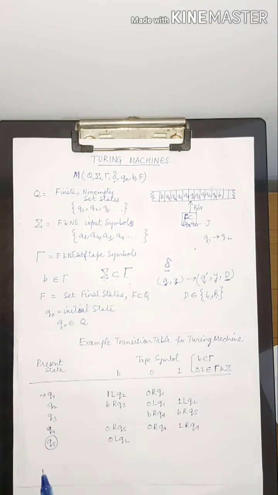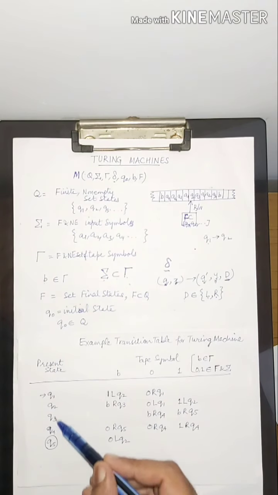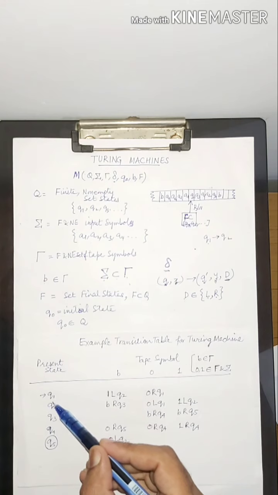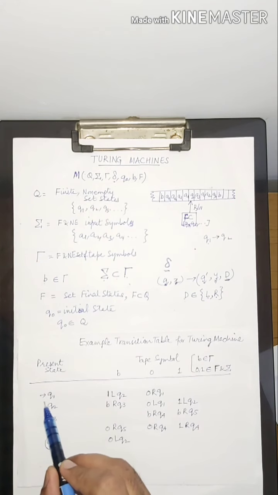The first column is the column of states in which the machine presently is. So it contains all the states Q1, Q2, Q3, Q4, Q5. For example, there are 5 states. As usual, the initial state is marked with this arrow and the final state is marked with this circle.